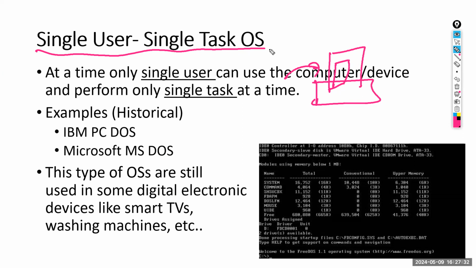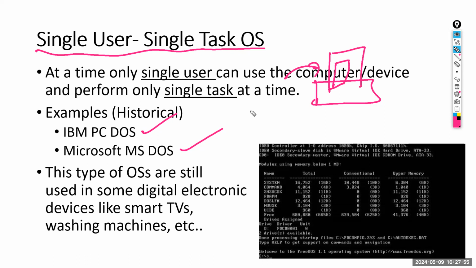The famous single-user, single-task OSs are basically command line OSs like IBM PC-DOS and Microsoft MS-DOS. And Apple also had a DOS operating system. Those are basically command line OSs.